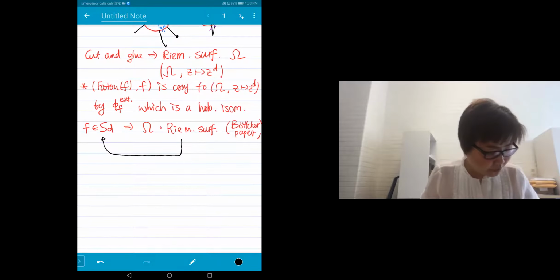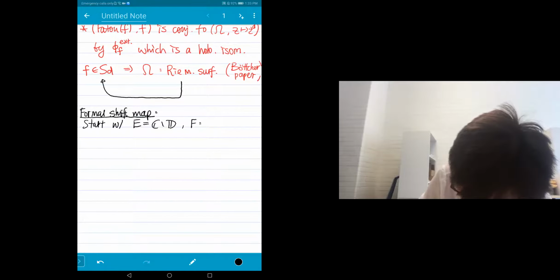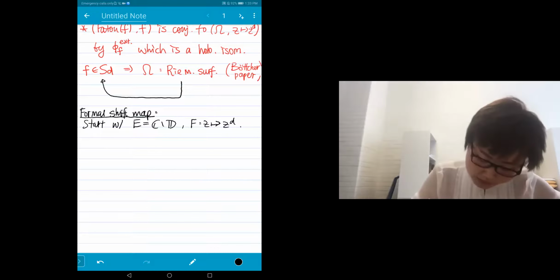Okay. So basically we start again with the set E, which is the complement of the unit disk, and this is equipped with the map z goes to z to the d. And how do we construct this Butcher paper?